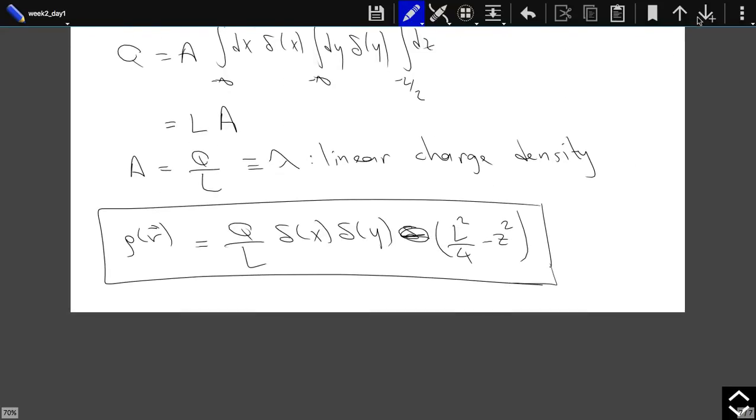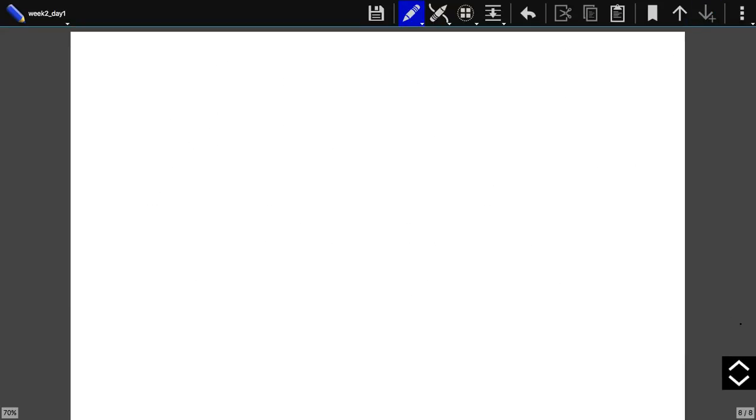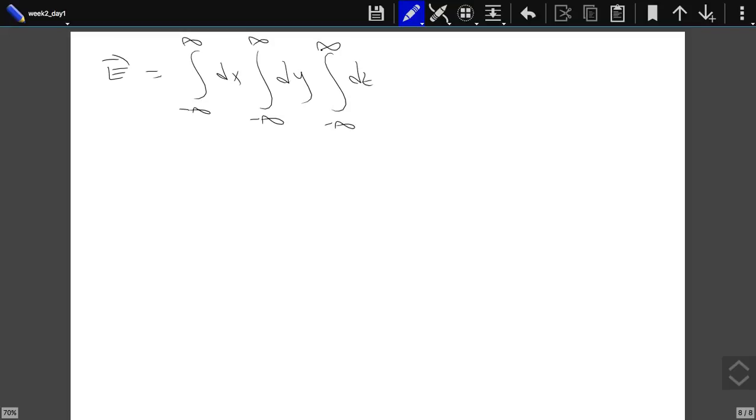So let's write it down. The total electric field is equal to the integral dx from minus infinity to infinity, dy from minus infinity to infinity, dz from minus infinity to infinity, of our charge density, let's say at x prime, y prime, z prime.